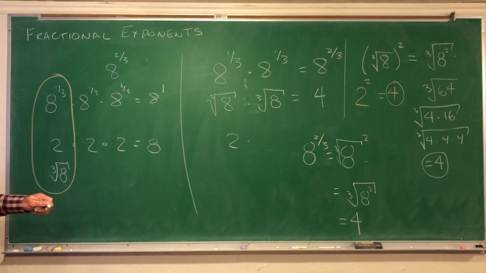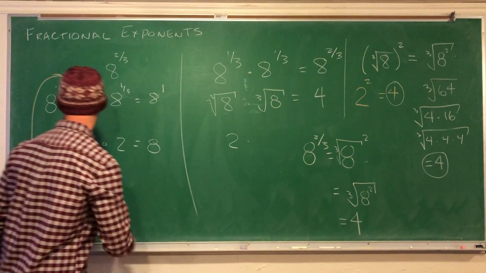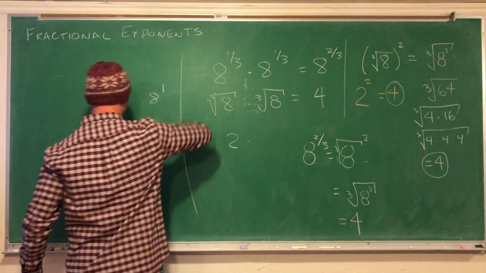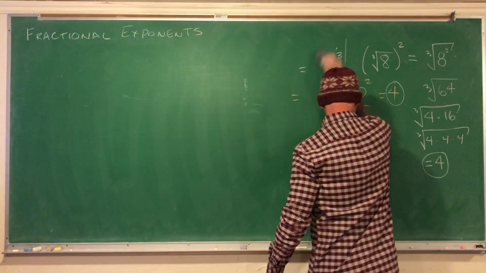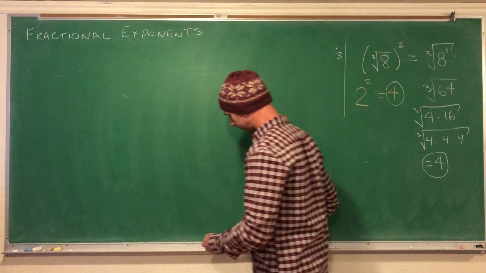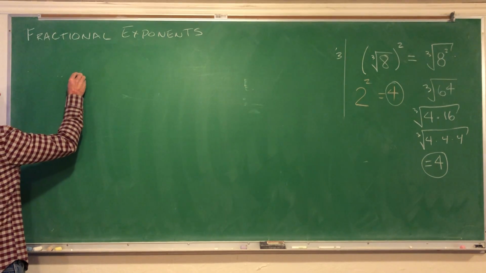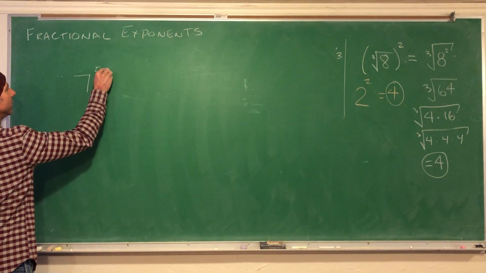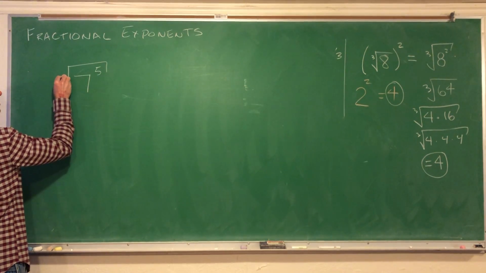Let's try one example going the other way. How about 7 to the 5th, to the squared?